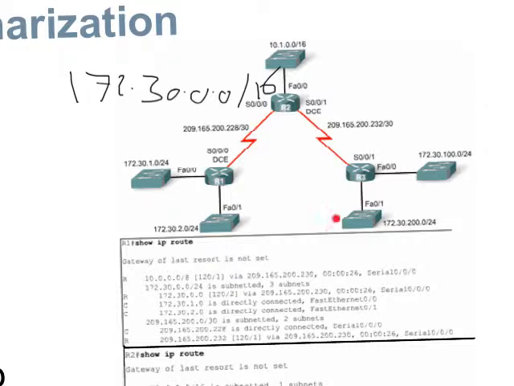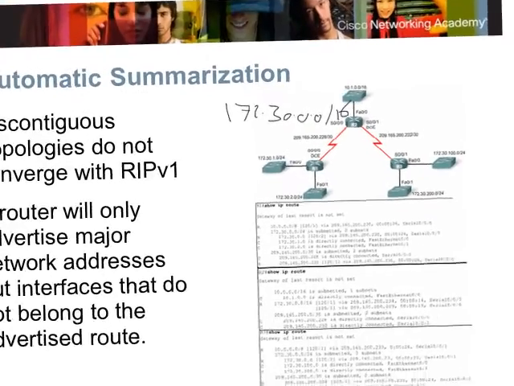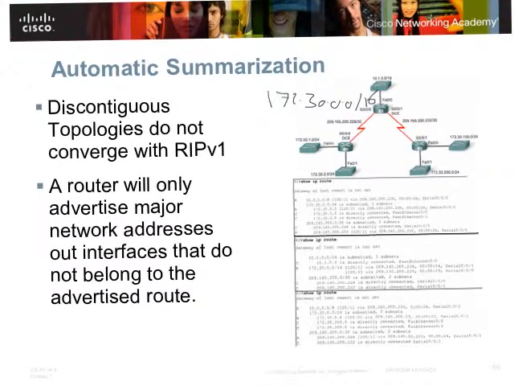So this simple scenario caused the routing not to work correctly. So discontiguous networks with automatic summarization may in fact cause serious problems. It's not that it will not work efficiently; it may not work at all. It may cause no convergence using RIP version 1.